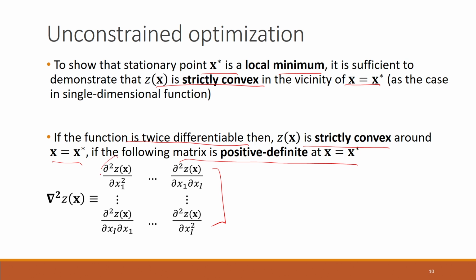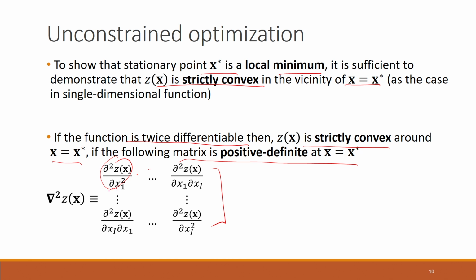For example, this first term is first taking the partial derivative with respect to x1 and then again taking the partial derivative with respect to x1. The second term in this first row is where you take the partial derivative of z with respect to x1 and then the partial derivative with respect to x2. The third term in the same first row is the partial derivative of z with respect to x1 and then with respect to x3.